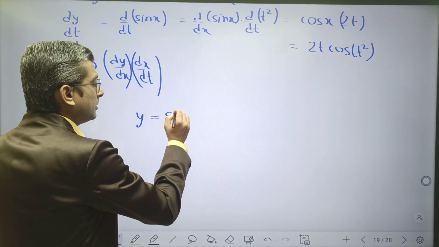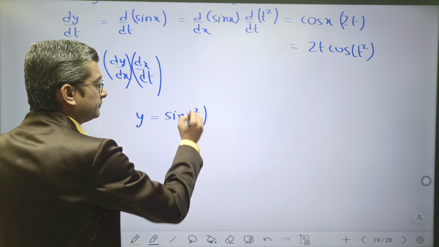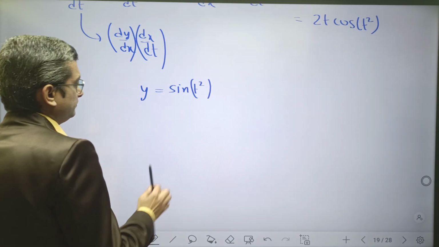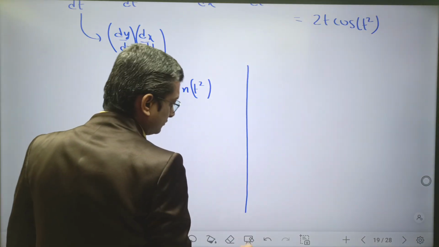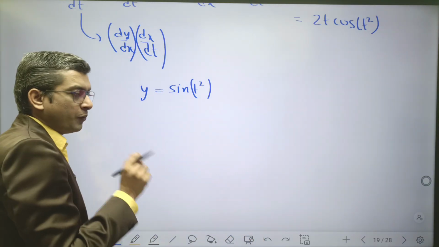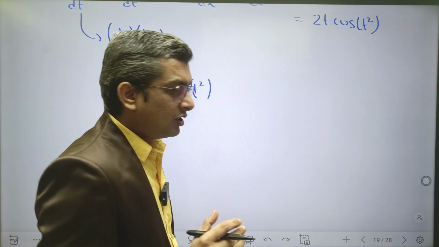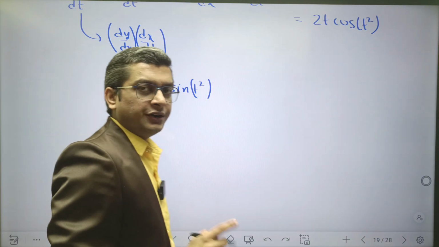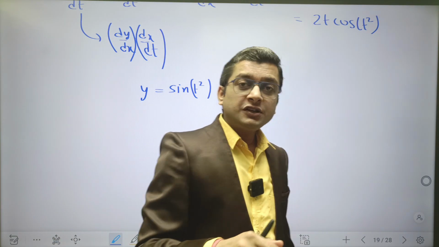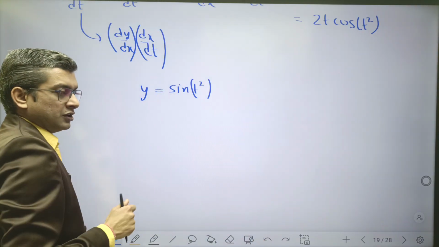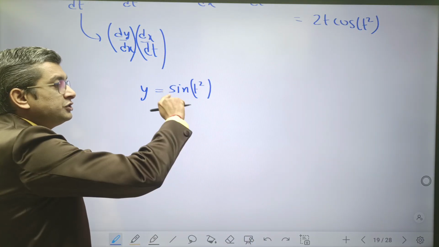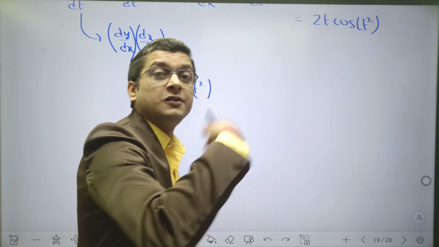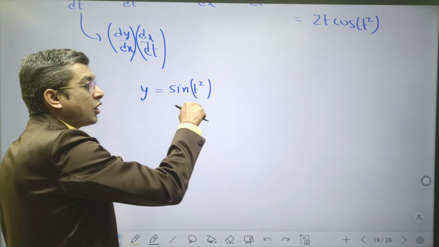So in such cases, first of all, observe, there is one function that is t square. This is a function in t, and of that function we have another function sine. So here it is like function of function. This is sine function of the function t square.